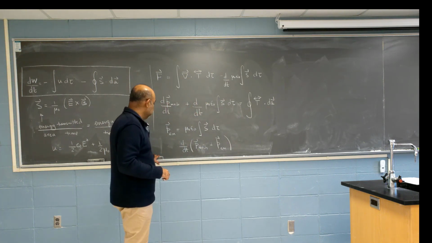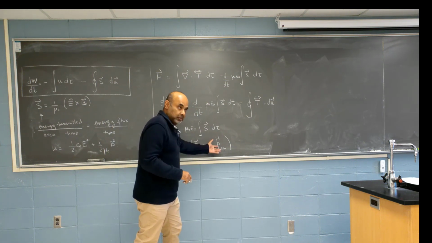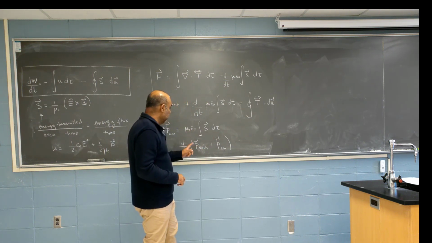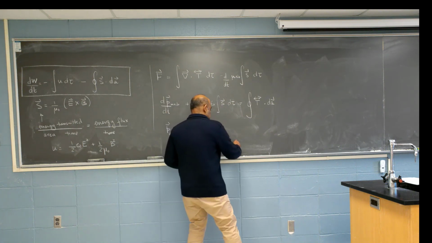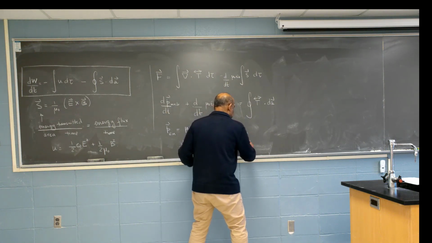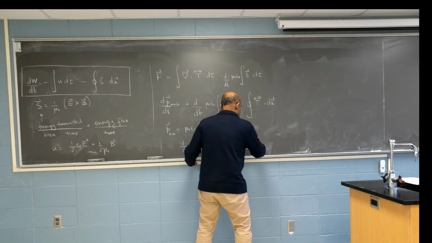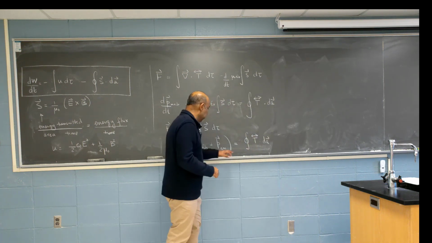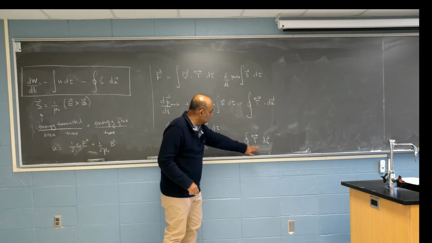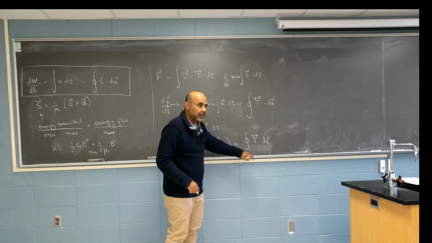Conservation of momentum is what we have. So this would be 0 unless this would be 0 if this is 0. So obviously this has to do with the flux of momentum.